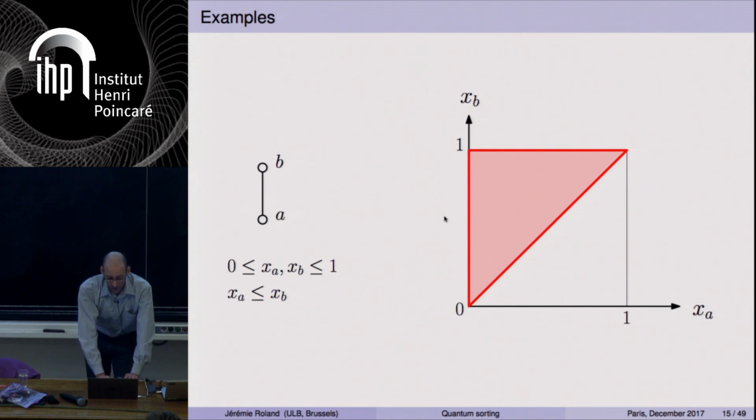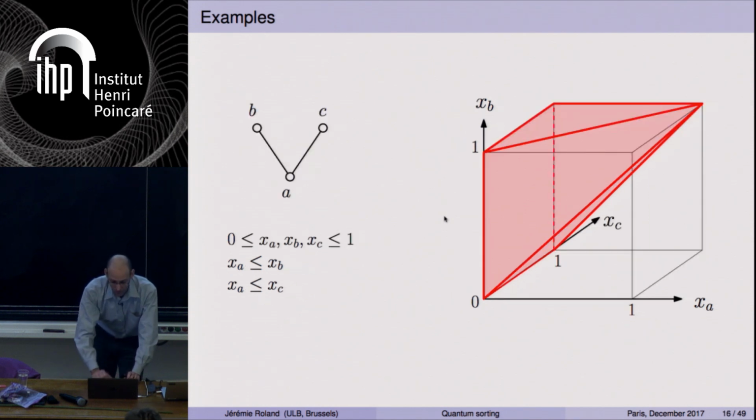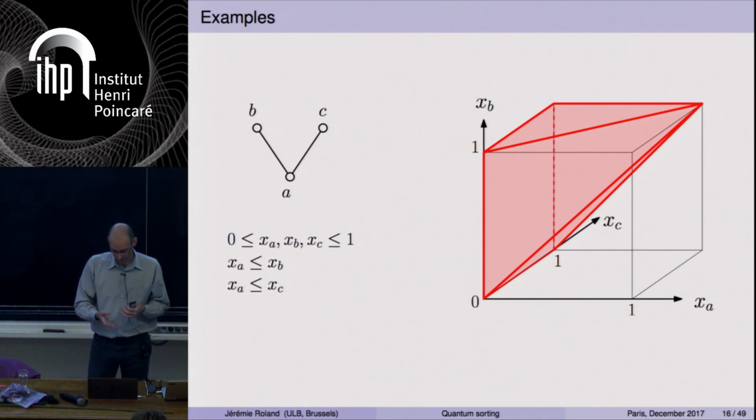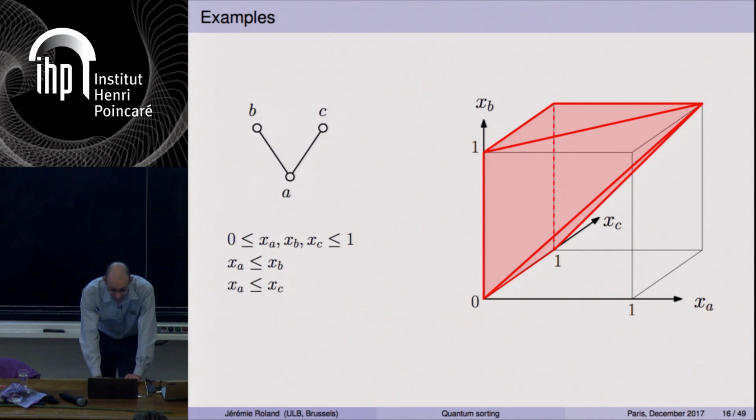Let me show you a slightly more complicated example, not much more complicated. Here I only have 3 elements, so it's a 3-dimensional example. Of course, with 4 elements, I would require a 4th dimension. It will be harder to show, so that's why I stop with 3. So here, this partial order is over 3 elements, where B is larger than A, C is larger than A, but B and C are not comparable. So it's a slightly less trivial example of a partial order.